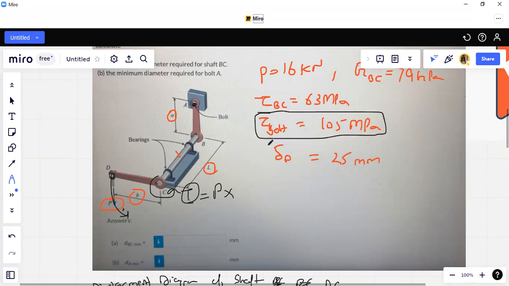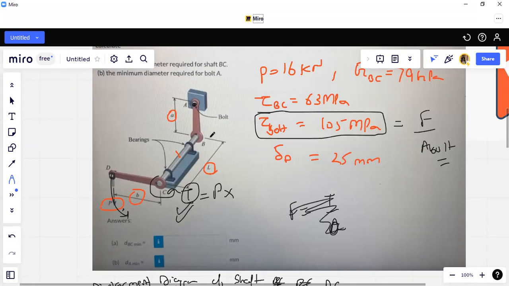So this torque will be equal to force divided by area of bolt. What will be the force here? Force we can calculate by this torque. How? Torque divided by not area, torque into A.